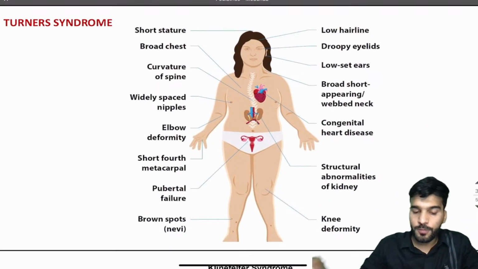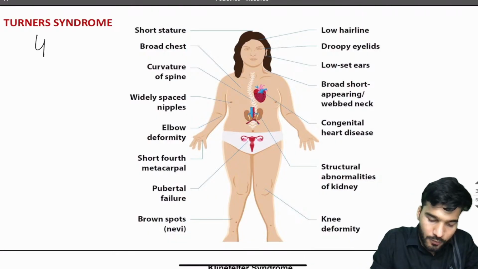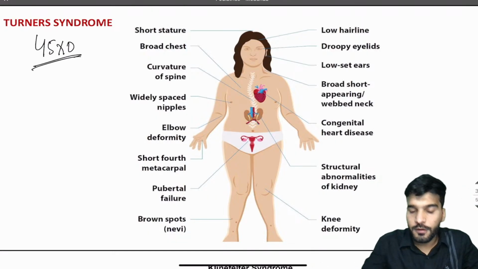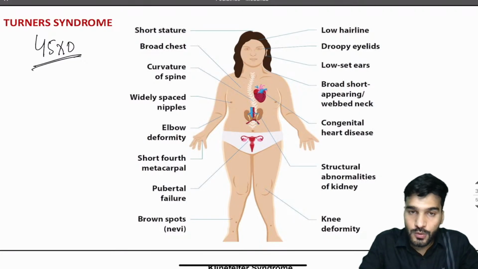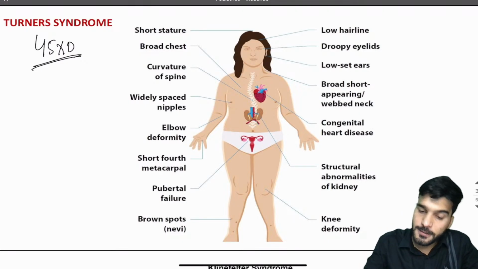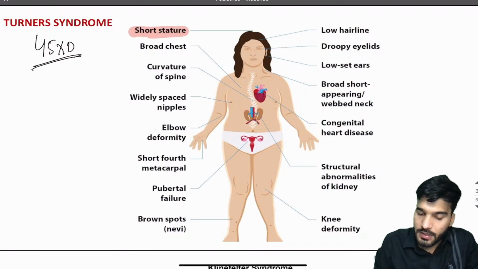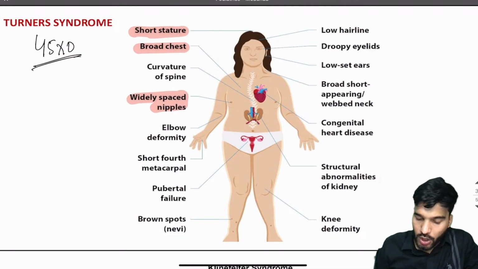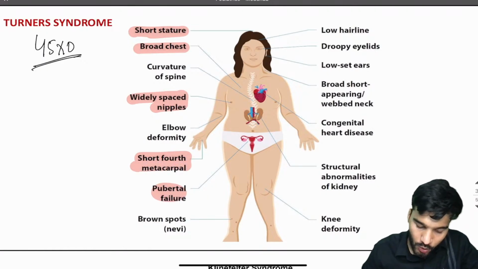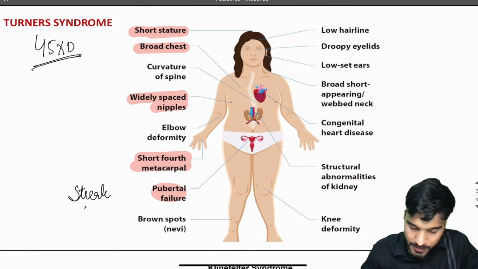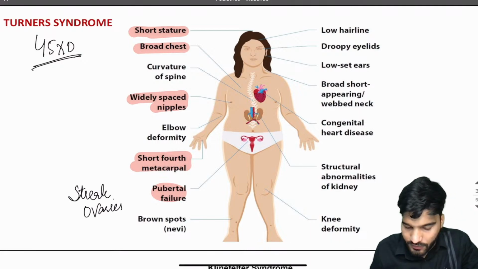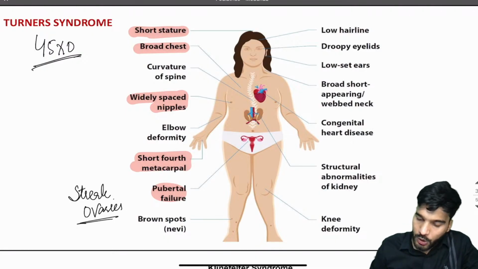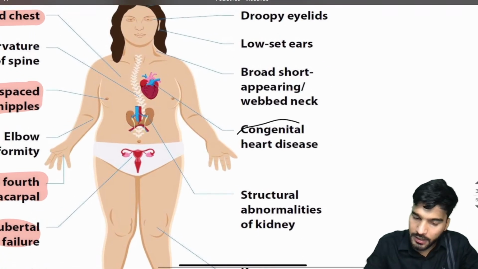Next one, a syndrome, Turner syndrome. It is monosomy 45,XO. Let's learn about the features of Turner syndrome first, guys. There will be short stature with a broad chest or shield chest with widely spaced nipples. There will be a short fourth metacarpal. There will be pubertal failure because of streak ovaries. Along with that, a congenital heart defect will be there.